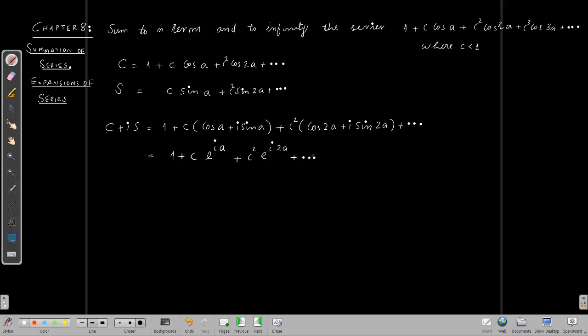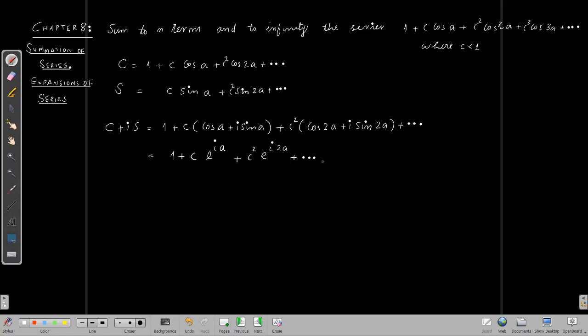Now we can consider this as a GP with first term 1 and common ratio c times e raised to iA. The second term is obtained by multiplying the first term by c times e raised to iA, and multiplying the same quantity again gives the third term, and so on.